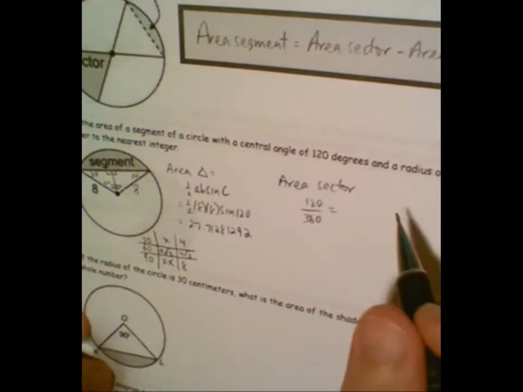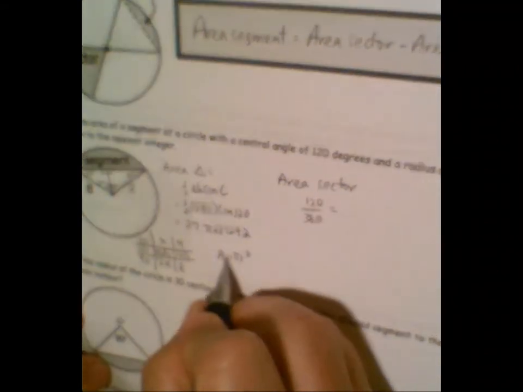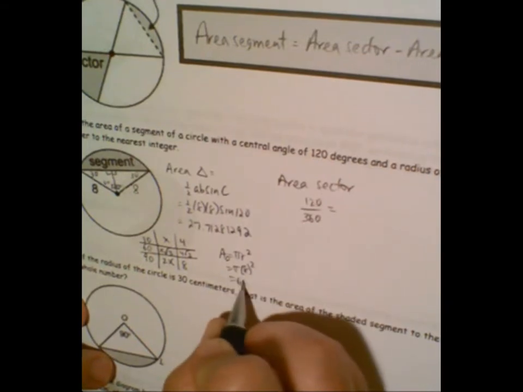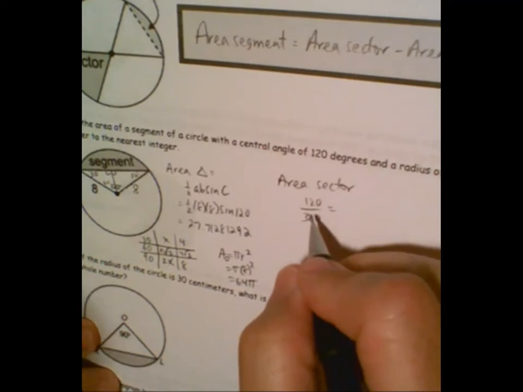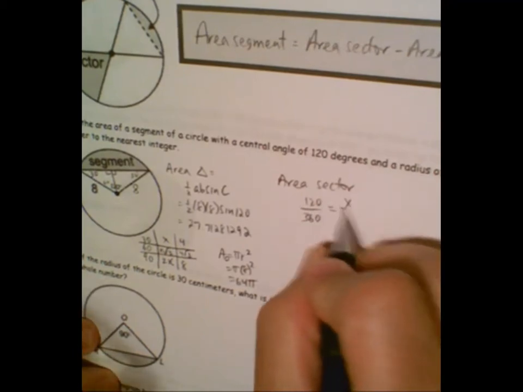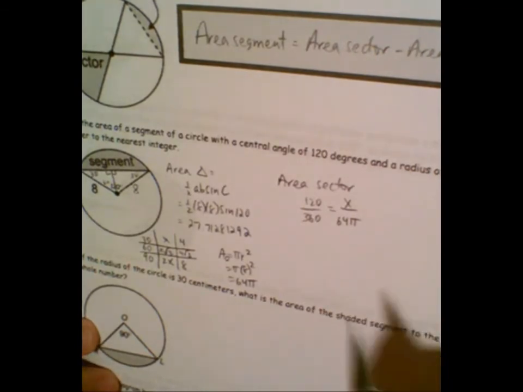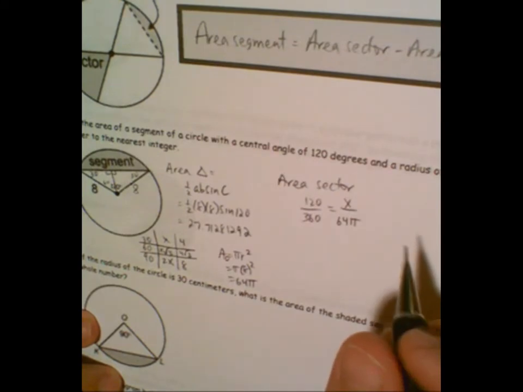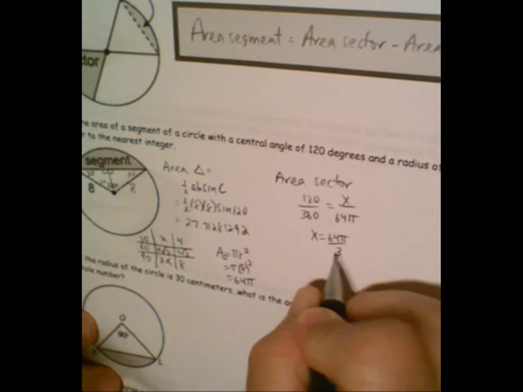But we need to know the area of the whole circle. The area of the whole circle is pi r squared. Pi times 8 squared is 64 pi. A lot going on here, right? So 120 over 360 is how much over 64 pi? You cross multiply and solve for x, and you end up with x equals 64 pi over 3.